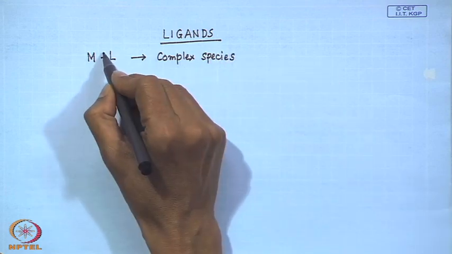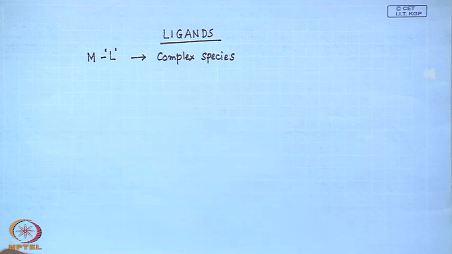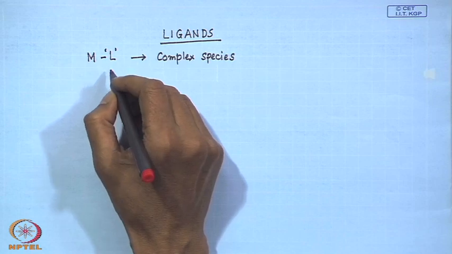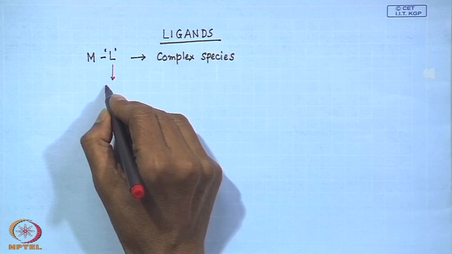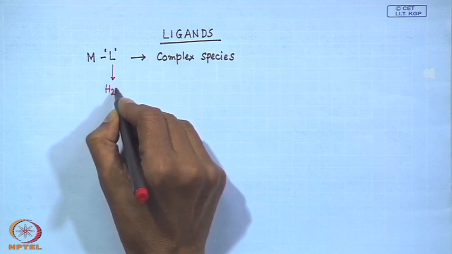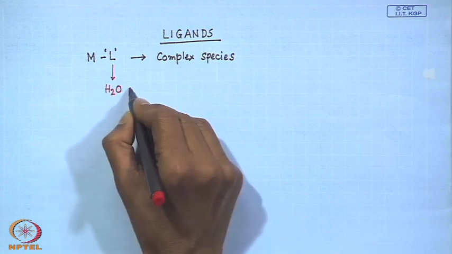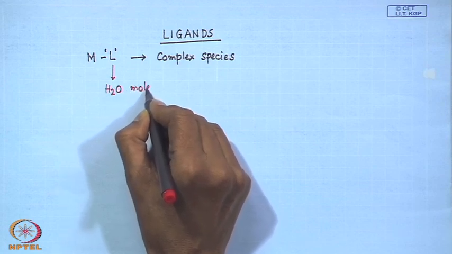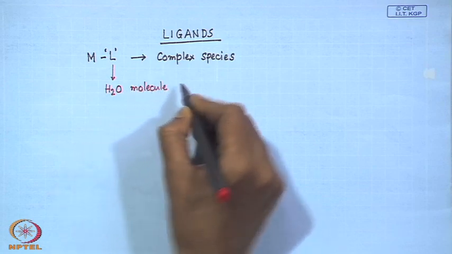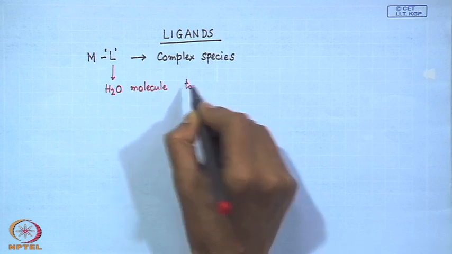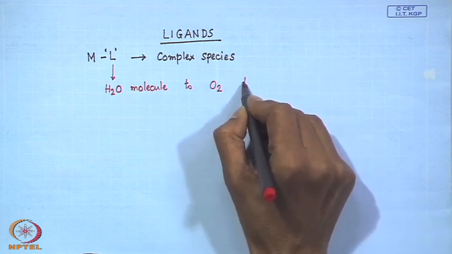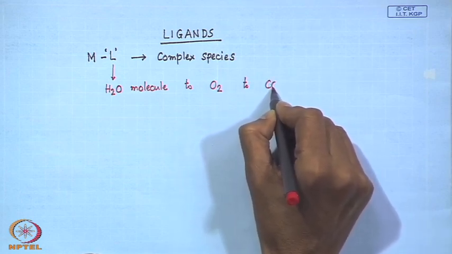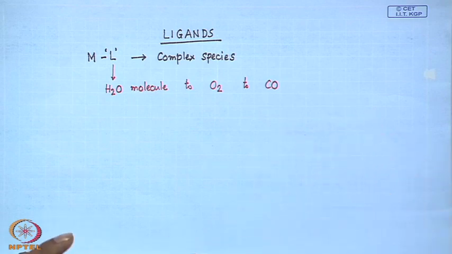So, what are these different types of ligands we can have in our hand? We have seen that it can be the simple water molecule, to the gaseous oxygen, to the most toxic gas, carbon monoxide.